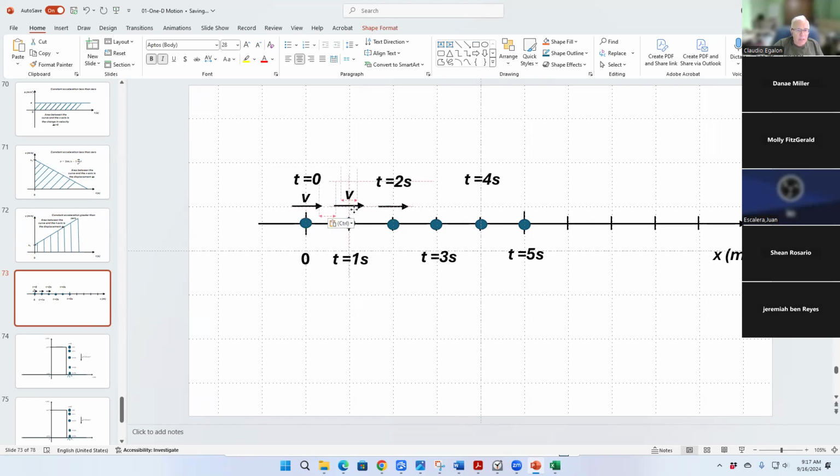And there is more. Which type of motion do you think this is? Notice that the object is displacing the same distance for the same amount of time. For a delta t equal to 1 second, the object between 0 and 1 displaces 1 meter. And further down, between 3 seconds and 4 seconds, the object still displaces 1 meter.